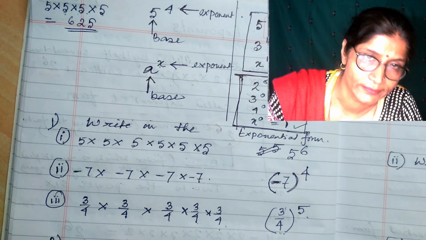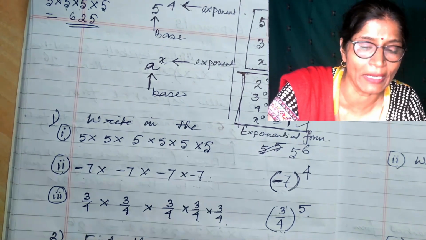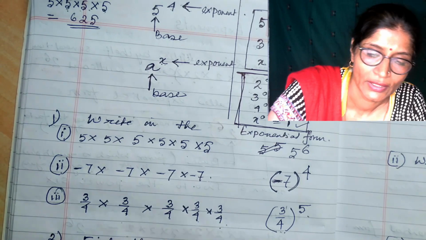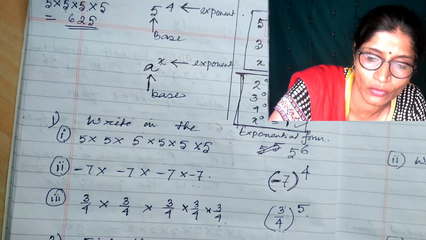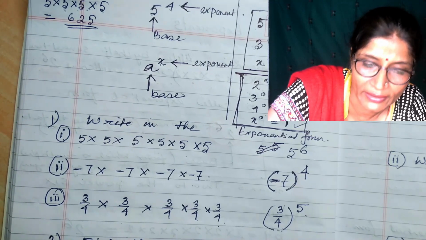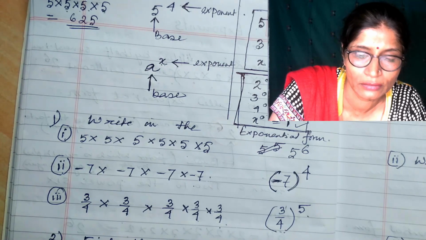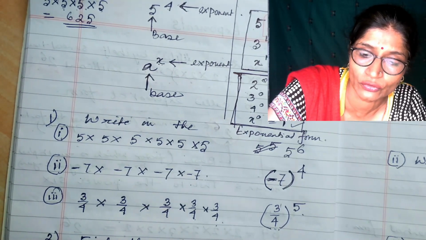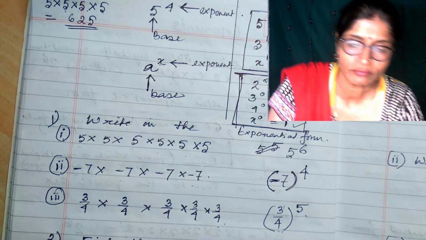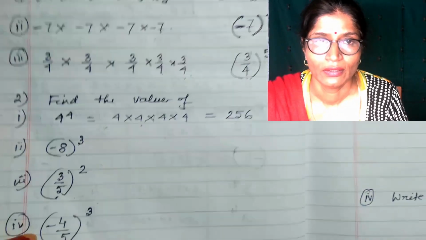Next, find the value of 4 to the power 4. What is its value? Actually 4 to the power 4 means 4 into 4 into 4 into 4. And that is equal to 4 4s are 16, 16 4s are 64, and 64 4s are 256. Okay.